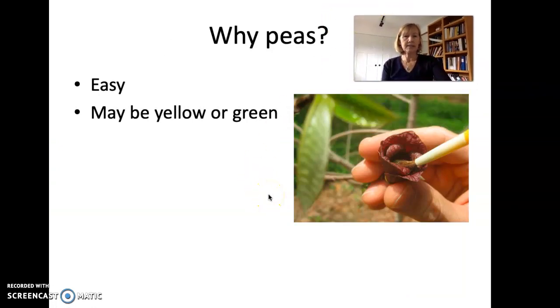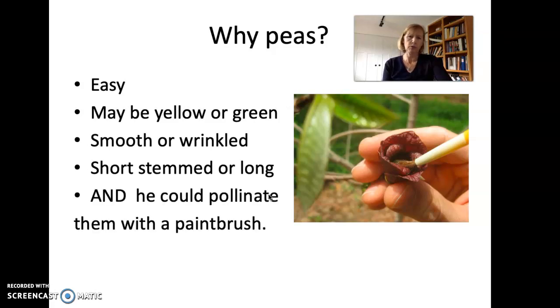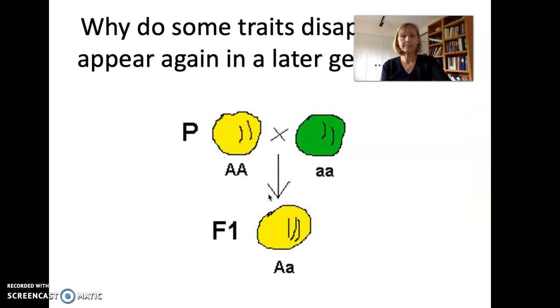And he noticed that they could be yellow or green, the actual pea itself, or they could be smooth or wrinkled, and they could be short-stemmed or long-stemmed. The other easy thing about it is he could pollinate them himself. So he could take one from the yellow and pollinate it onto the green and see what happened. So that was interesting, and he could do it manually without having to rely on an insect.